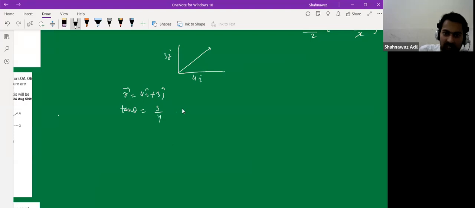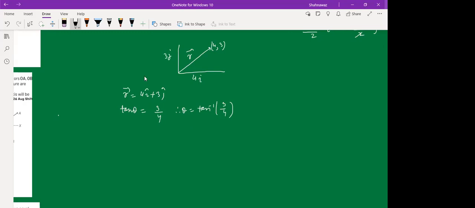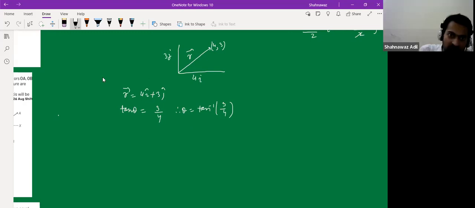So theta would be tan inverse 3 by 4. Let's say this is the point (4, 3). This is the vector. So you guys remember this, right?